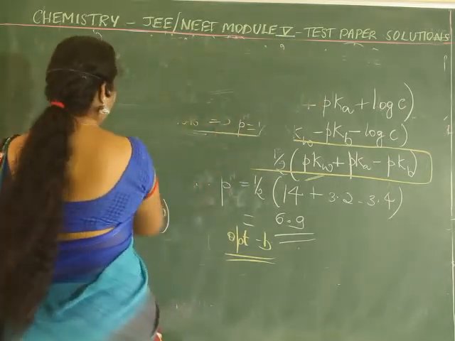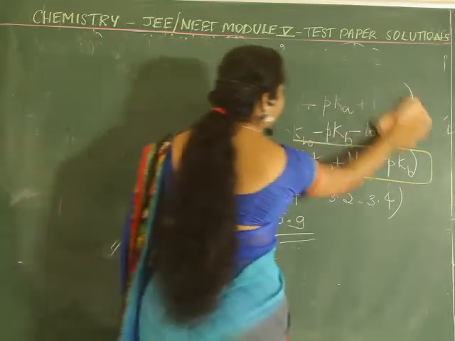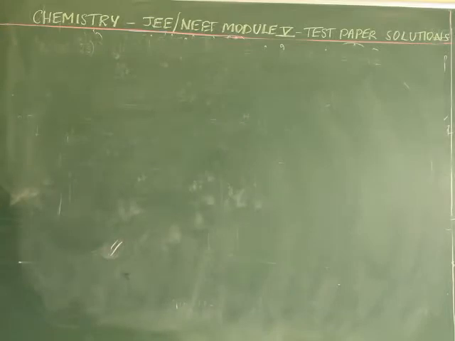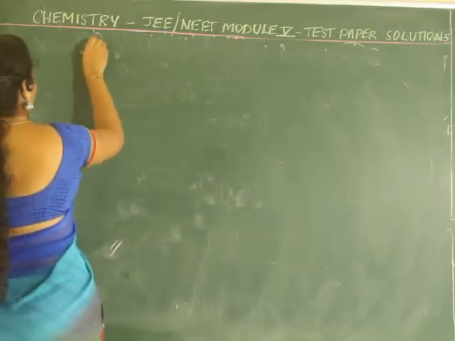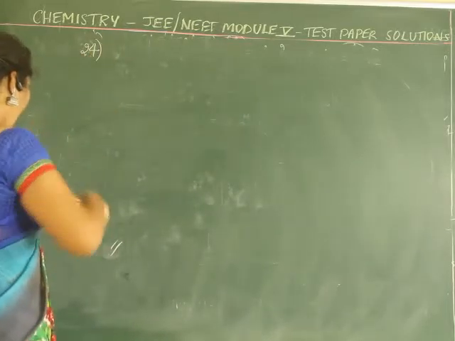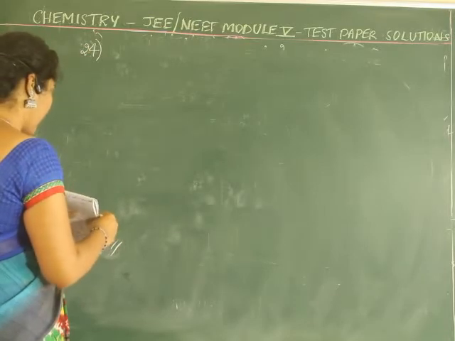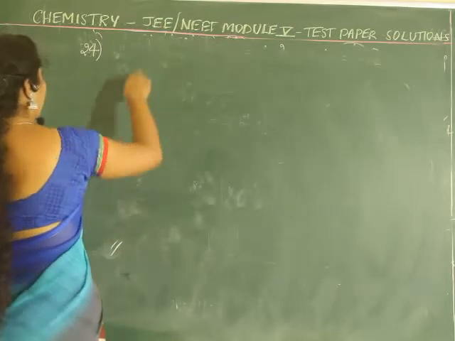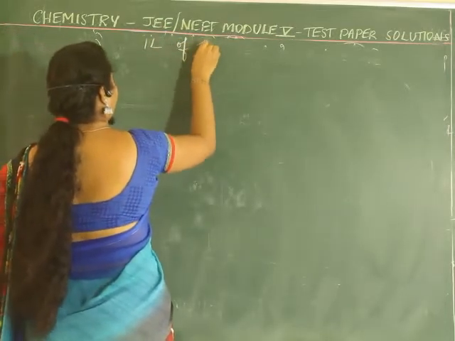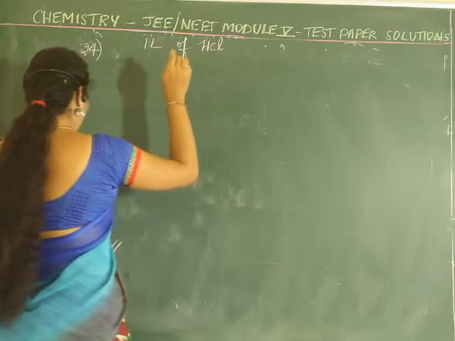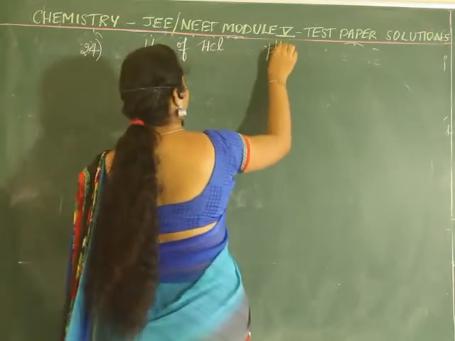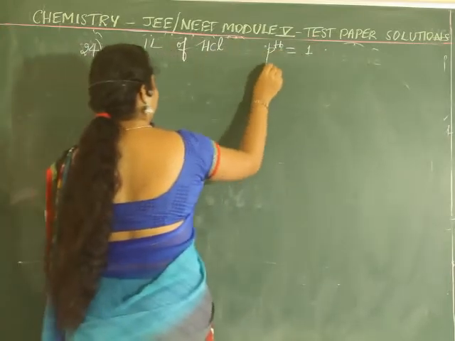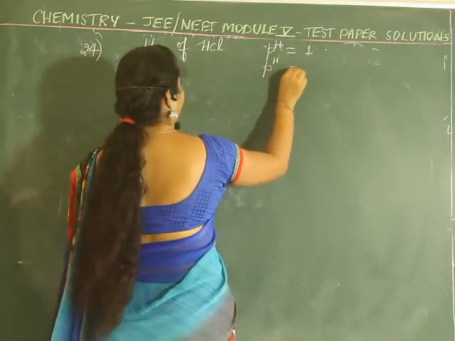Let's move on to the next one. Next question, the 24th one. How many liters of water must be added to 1 liter of an aqueous solution of HCl with a pH 1 to create an aqueous solution of pH 2?